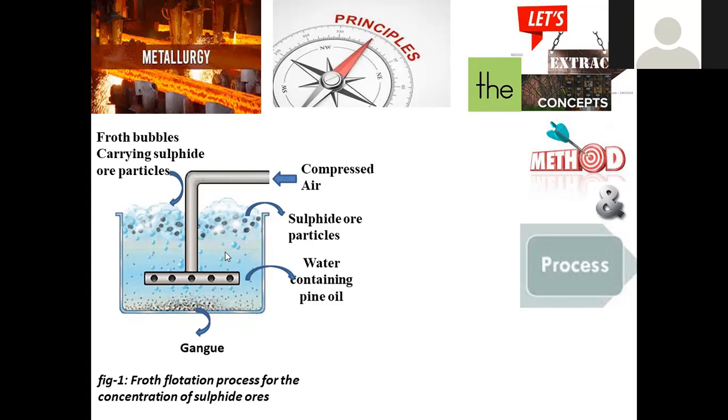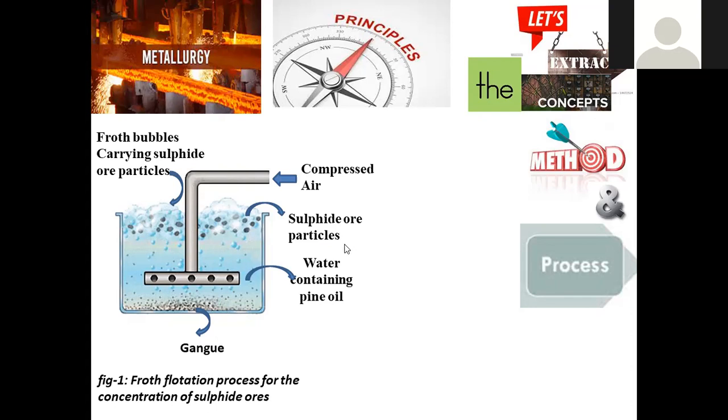After bubbling the air, what happens? Here the metal along with these bubbles is deposited at the top in the form of froth, and whatever impurities are present in the ore get deposited at the bottom because of gravitational force, and these are said to be gangue, right?